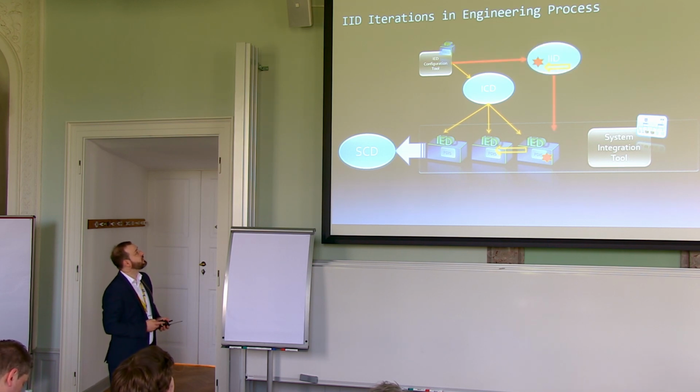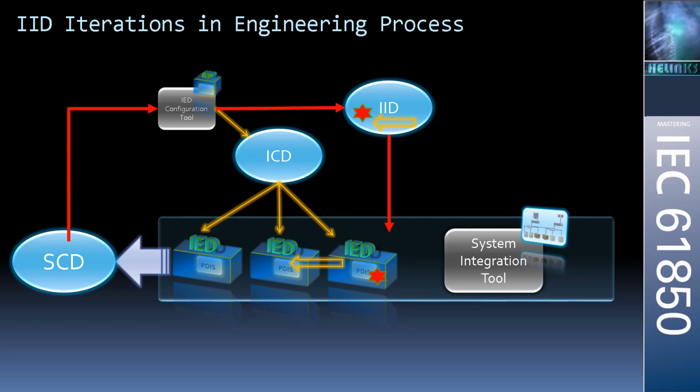So instead, we take the SCD and we feed the SCD file back to the IED configuration tool. And this one reads in all the IEDs present there and hopefully recognizes them as, I've produced ICD files that some of these IEDs are based on.